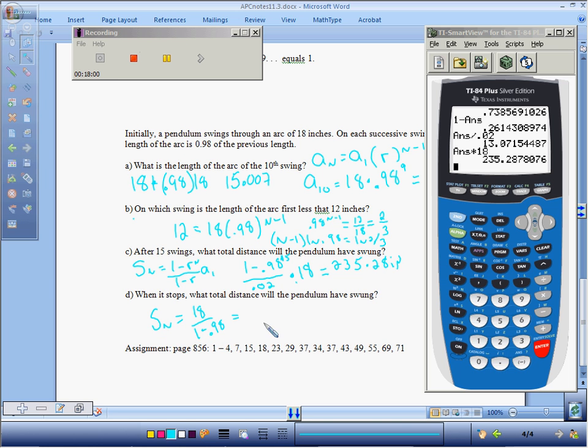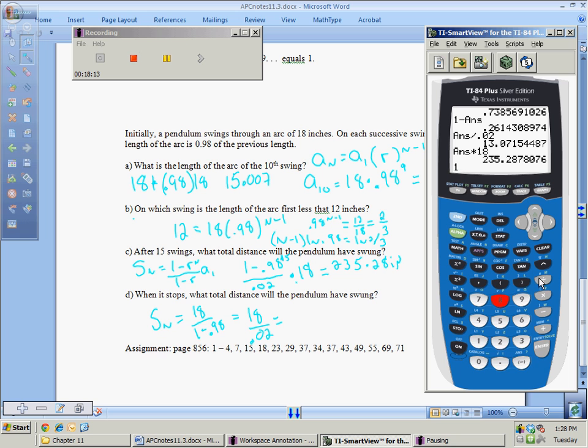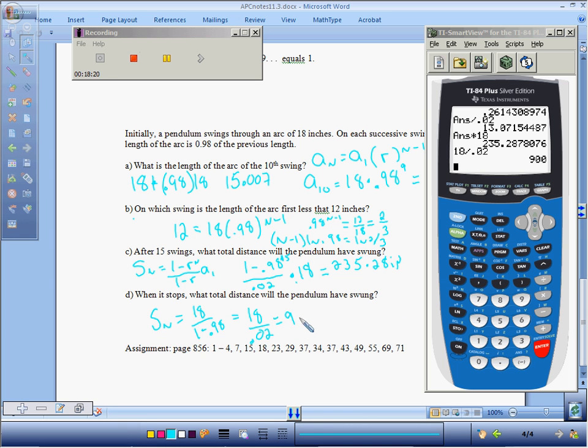That's 18 divided by 0.02, and you get 900 inches.